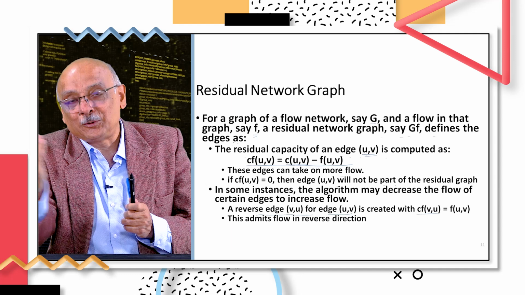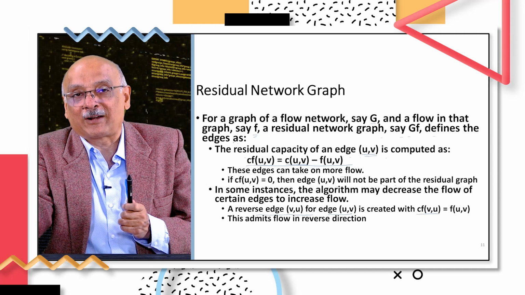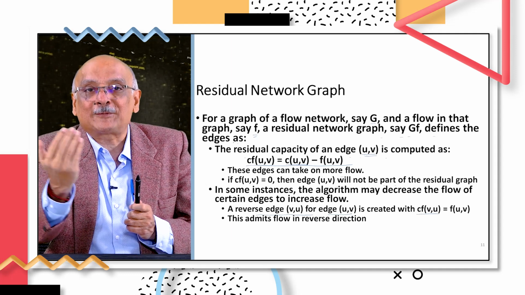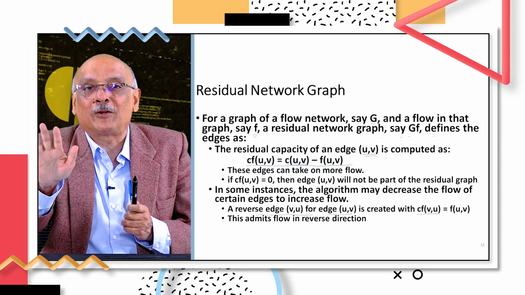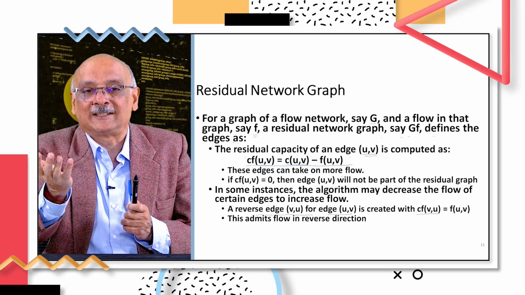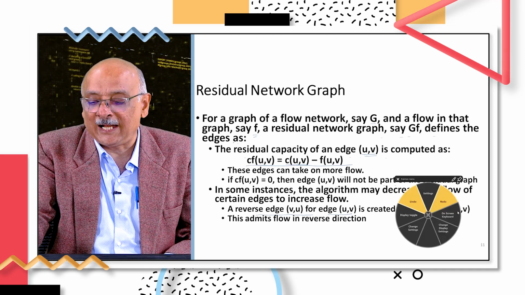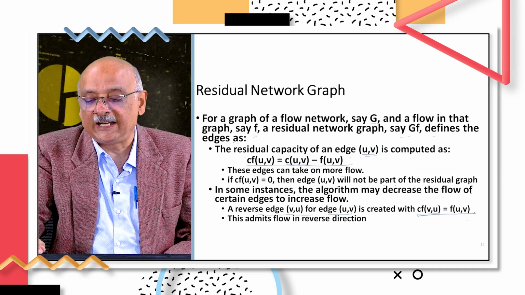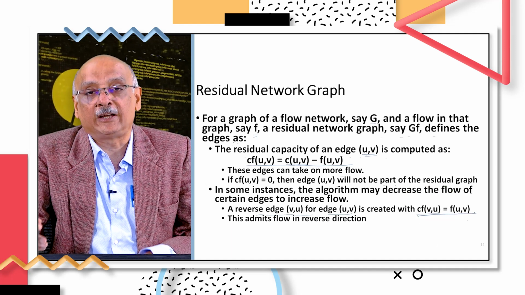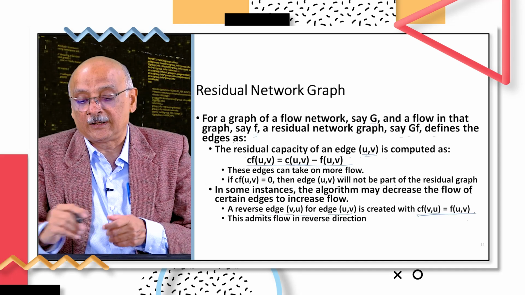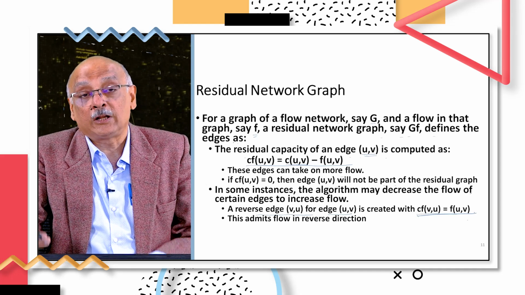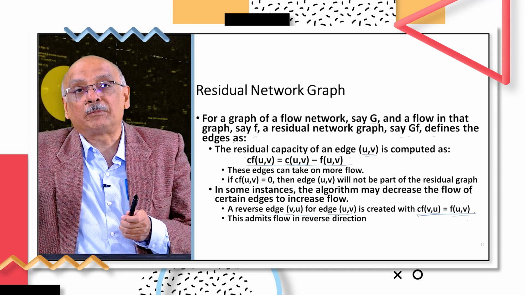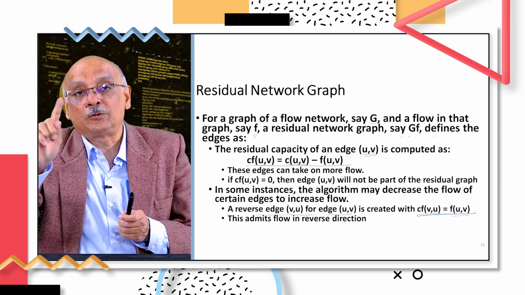So suppose 2 lanes are being used for the forward traffic. Those 2 lanes, if need be, can be utilized for the reverse traffic also, and no more forward traffic, if some optimization is needed. That is represented by this particular value: cf(v,u), the residual capacity of the reverse edge vu, is equal to the amount of flow passing from u to v.